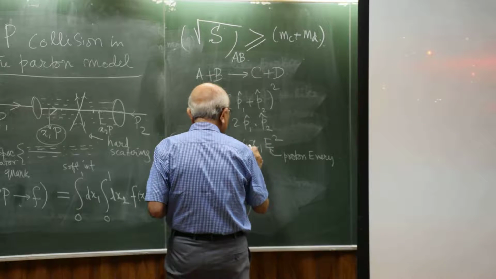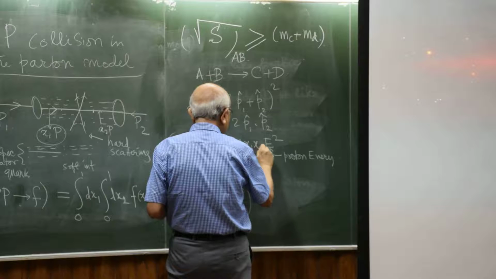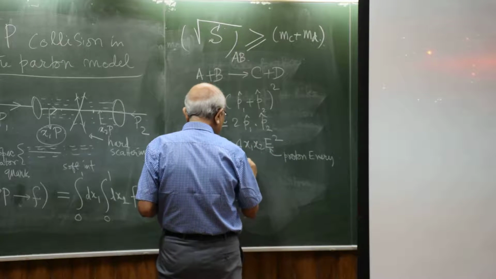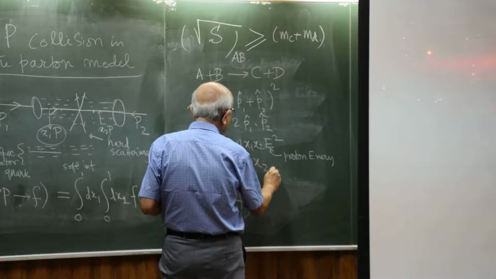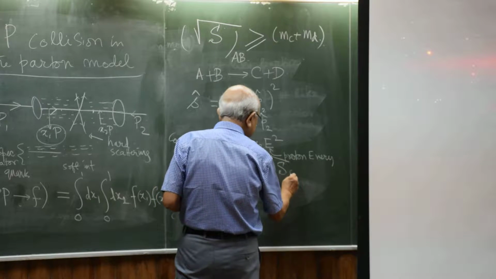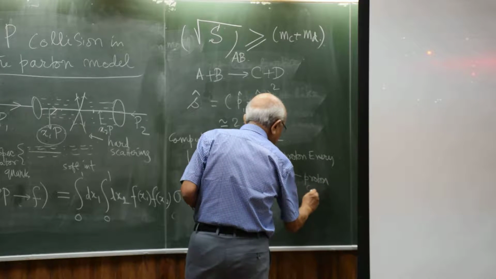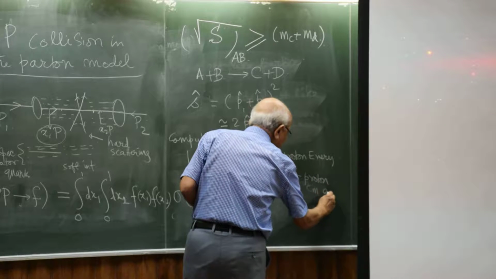Oh, I am sorry, I dropped x. So this is simply x1 x2 S, and the square root of s hat is the square root of x1 x2 times the square root of capital S, which is the proton center of mass energy.